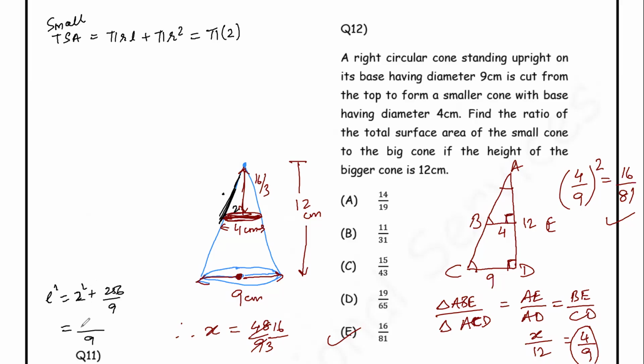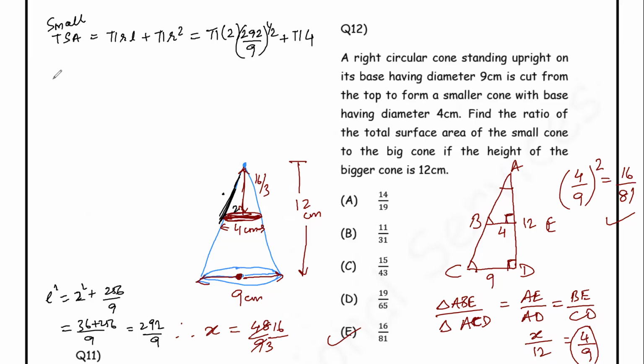So 9 4s are 36 plus 256, that's 292 by 9. Square root of that, plus pi, radius is 2, so 4, 2 square. So that's my area of the small one.